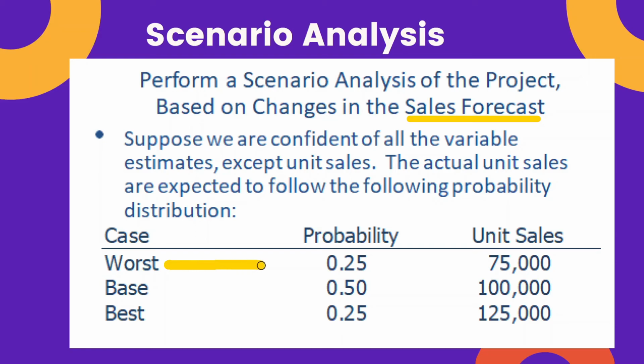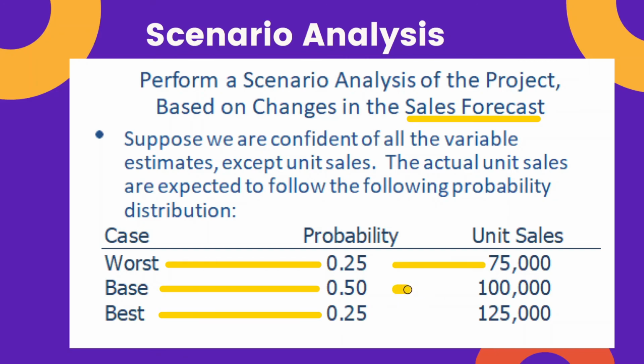The worst case has an associated probability of 25%. The best case also has an associated probability of 25%. Under a normal situation, or the base case, the associated probability is 50%. And these are the corresponding sale units that are forecasted by our production managers.